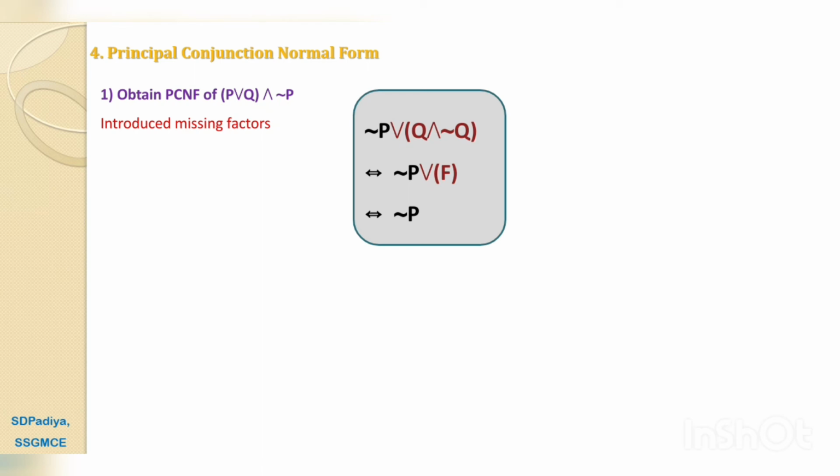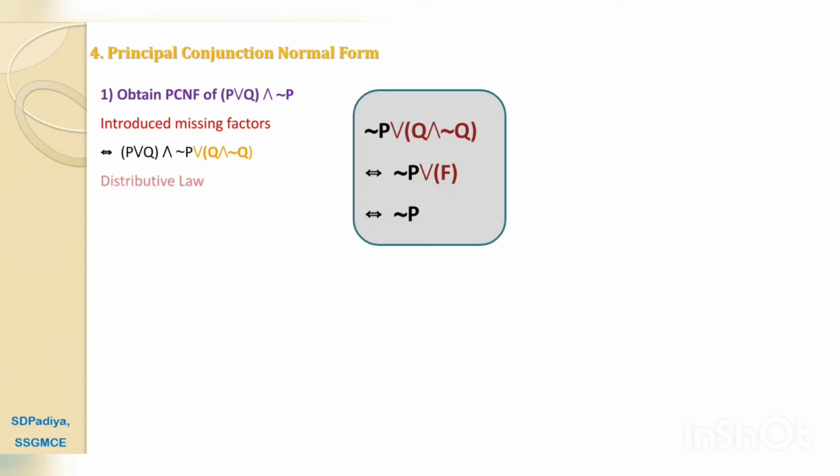In the principal conjunctive normal form, to introduce the max term, we write not P or (Q and not Q). Therefore, it is logically equivalent to the first term as it is, P or Q, and not P or (Q and not Q), which we have introduced.